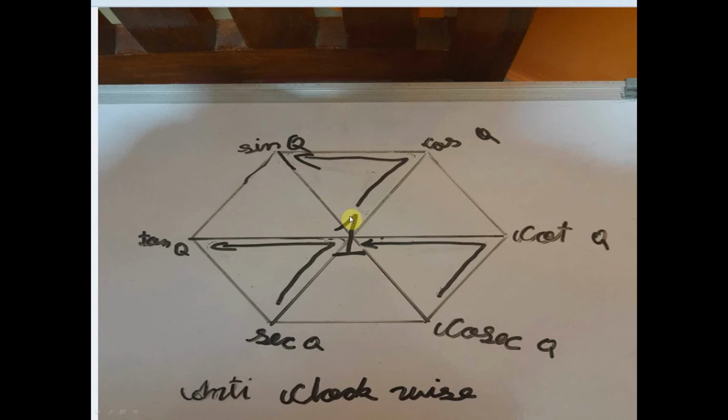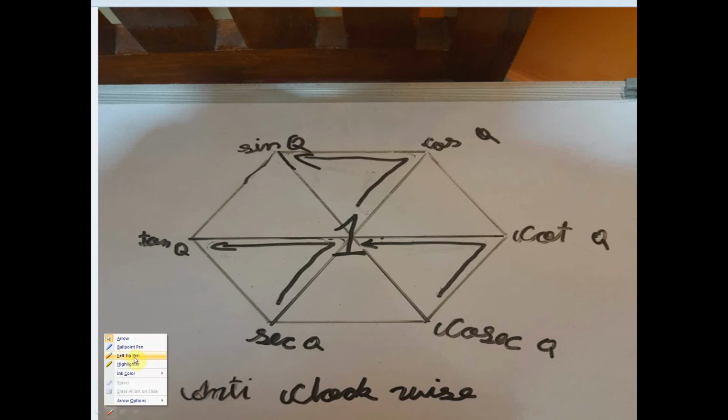So first which number comes? 1, minus, we are putting minus because we are going anti-clockwise. 1 minus cos square theta is equal to sin square theta.